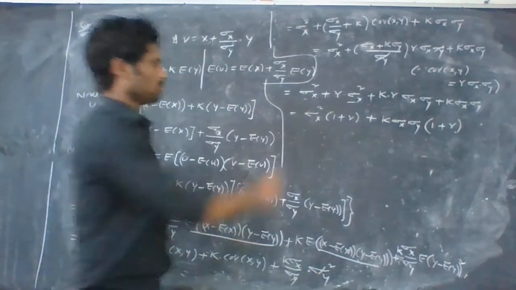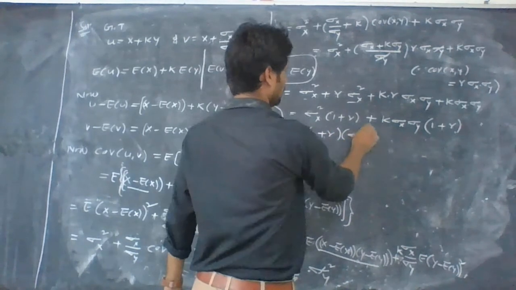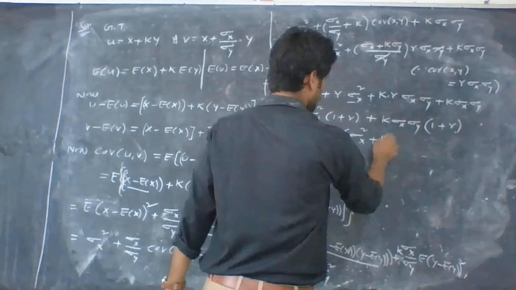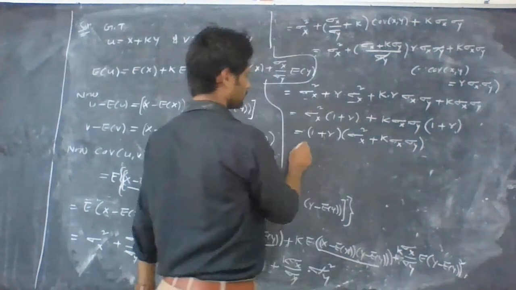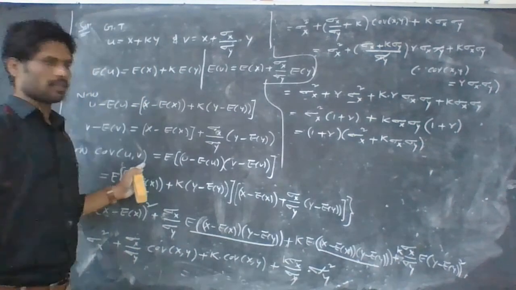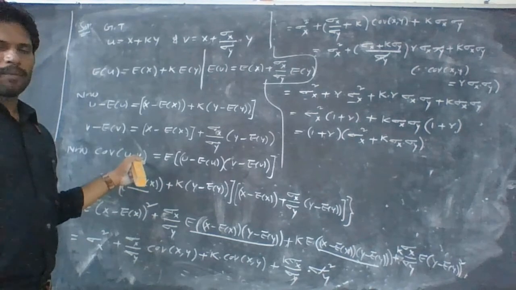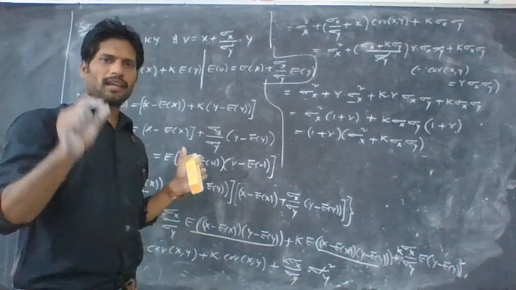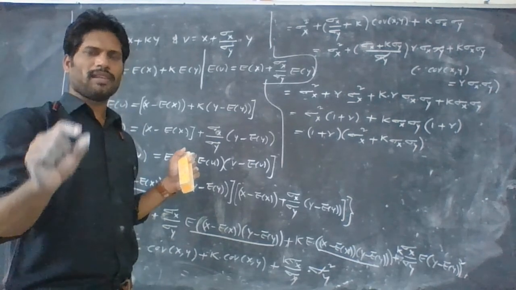Now again common with 1 plus r: sigma square x plus k into sigma x sigma y. Now the left side part is covariance of u comma v. In the given problem u comma v are uncorrelated variables. U comma v are uncorrelated variables means covariance of u comma v is equal to 0.